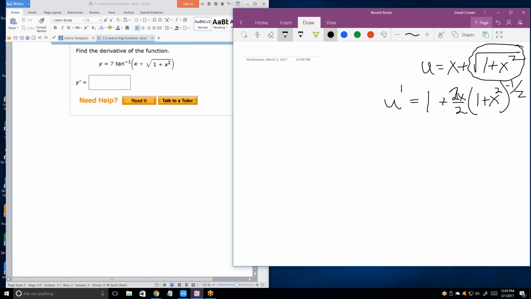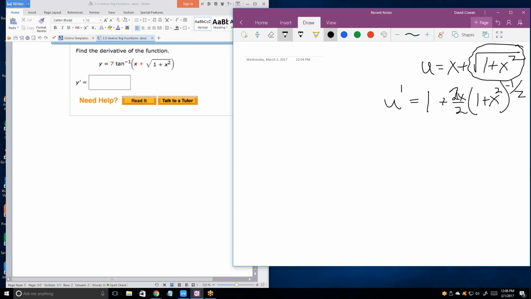Are you good with the chain rule on derivatives and polynomials in general? I need to definitely work on it. Well, the chain rule is basically no different than this. You're always taking the complicated part, turning it into u, differentiating u.